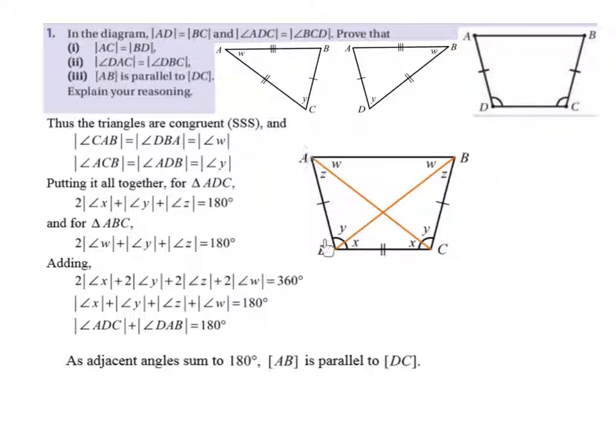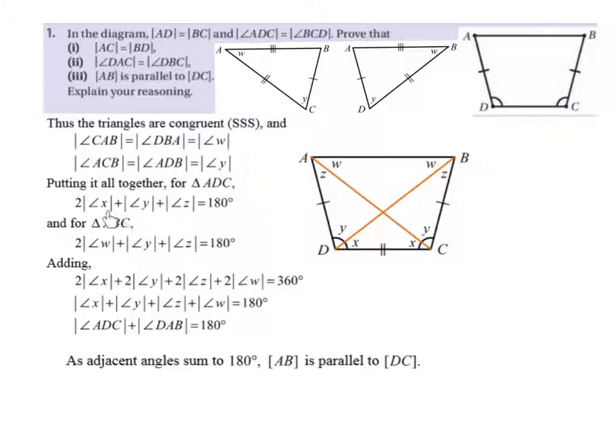So if we look at ADC, we have angle X plus angle Y plus angle Z makes up a triangle, which is equal to 180 degrees. Remember there's 2 of angle X down the bottom here.